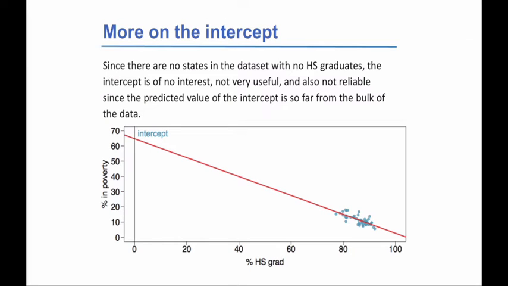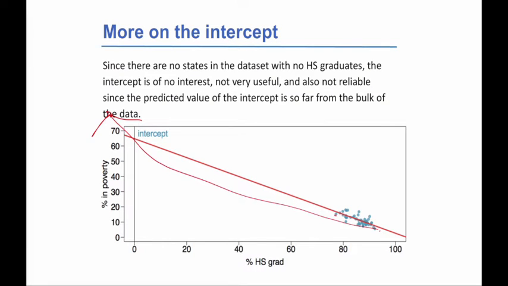Right? So here we said the intercept in this case is not very useful. It's not reliable. We would not necessarily expect that this trend is going to continue for very small percentages of high school graduation.